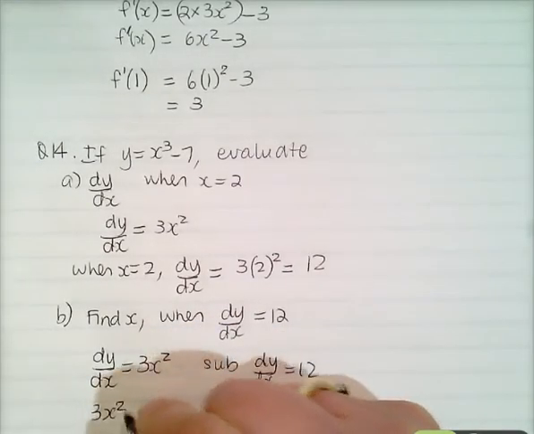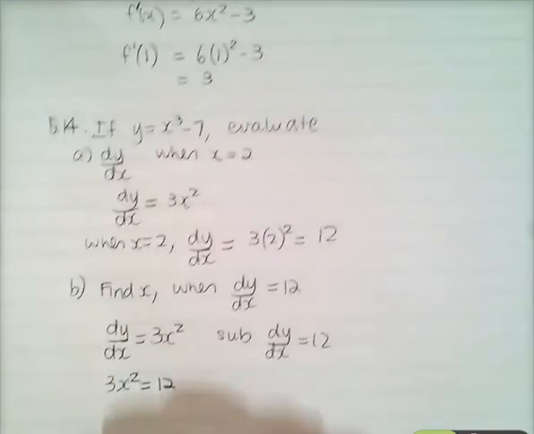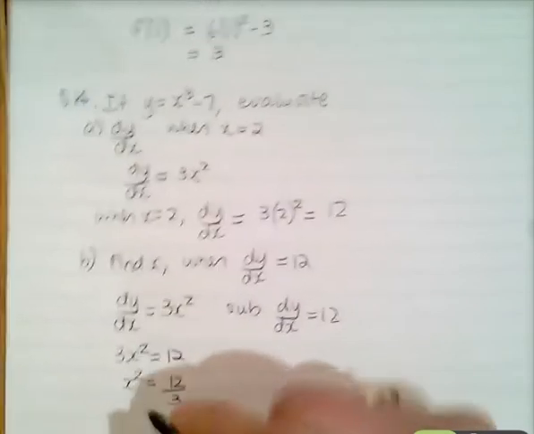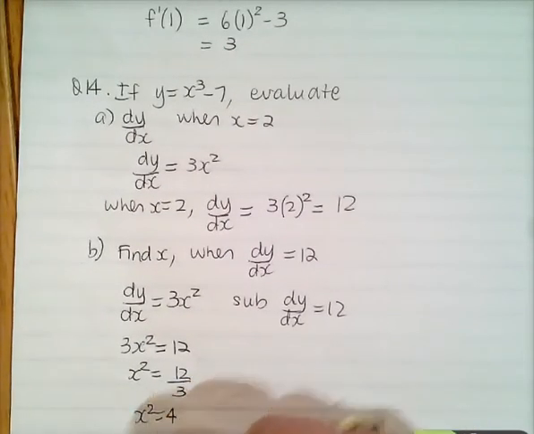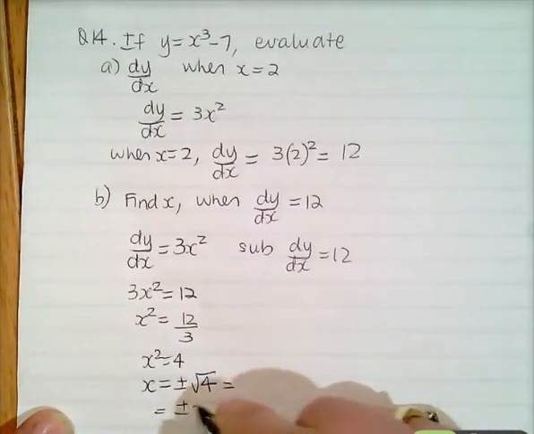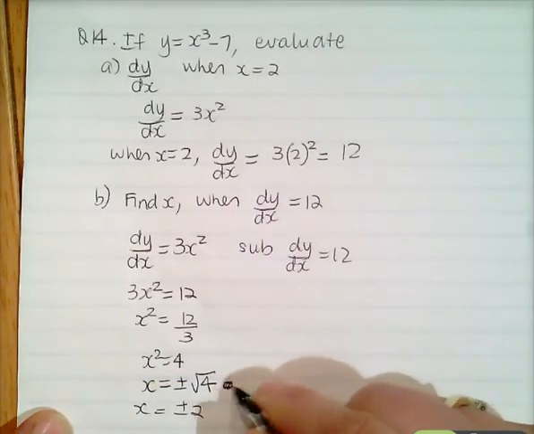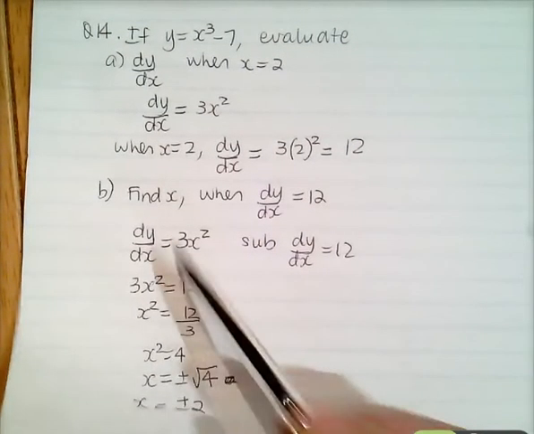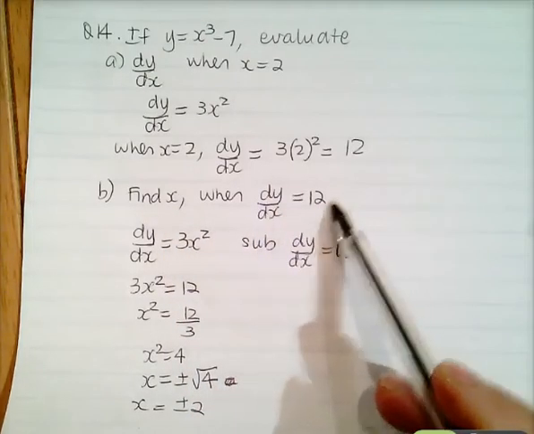So therefore we get that 3x squared equals 12. This means that x squared is 12 over 3, or that x squared is 4, meaning that x is plus or minus the square root of 4, which means that x is plus or minus 2. Okay, so you need to have both those answers there for x. So find x when dy/dx is 12.